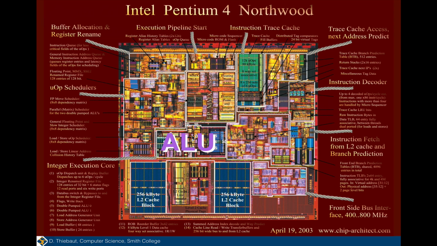ALU stands for Arithmetic and Logic Unit. So this block contains thousands of transistors organized, if you will, as a calculator, and that's where the additions, subtractions, and multiplications will take place with the different registers. It's a small part of the processor, but a very important part as well.